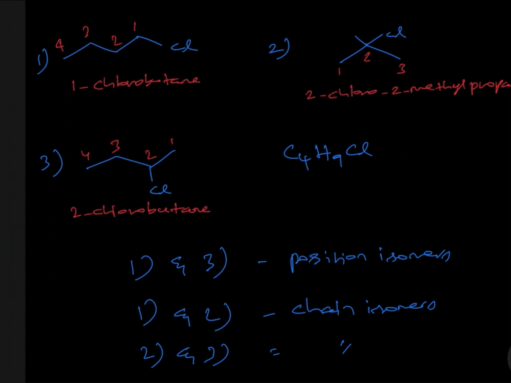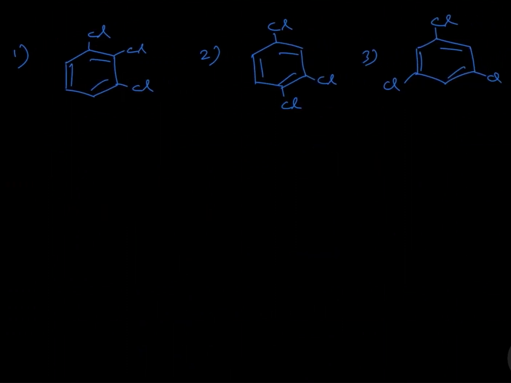Okay. So, let us discuss one more example. So, here we have 1, 2, 3 trichlorobenzene, and here we have 1, 3, 4 trichlorobenzene, and here we have 1, 3, 5 trichlorobenzene. So, are these position isomers or ring chain isomers?